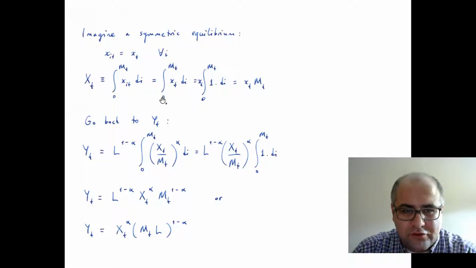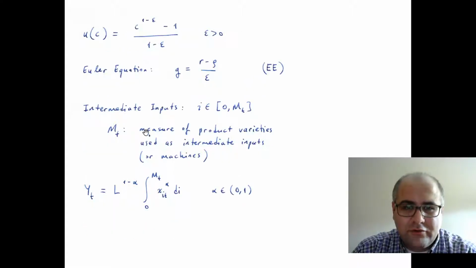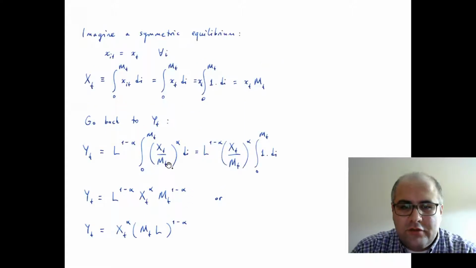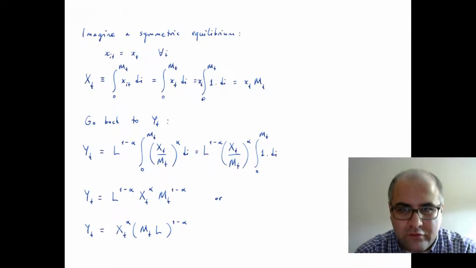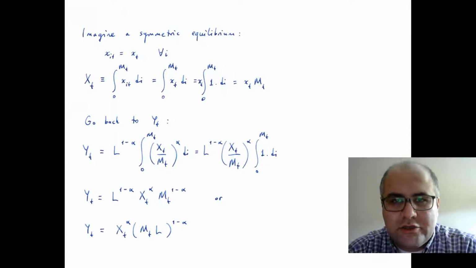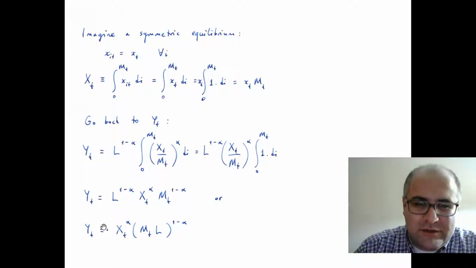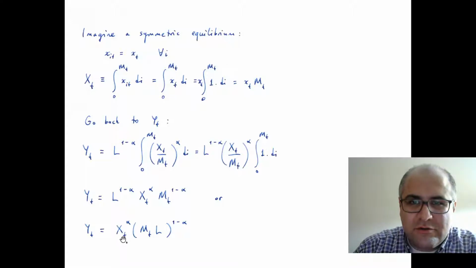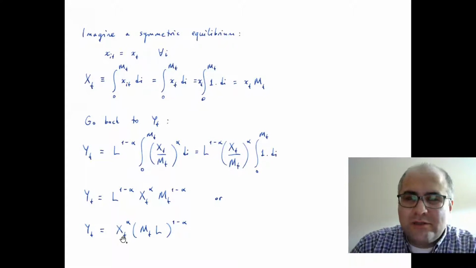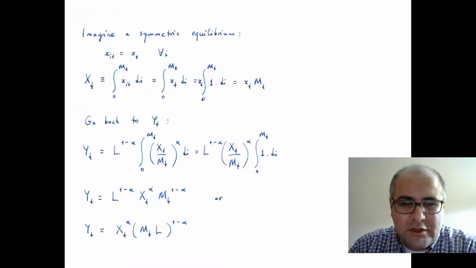Now, if you use this, if you go back to the production function, and if you evaluate this integral, you eventually end up with this production function. So this is now the aggregate view of the production relations in the final goods sector, and it is pretty much the Solow model, right? Because right here you have the capital stock. You may imagine that the x's are capital, of course, and the exponent is alpha.